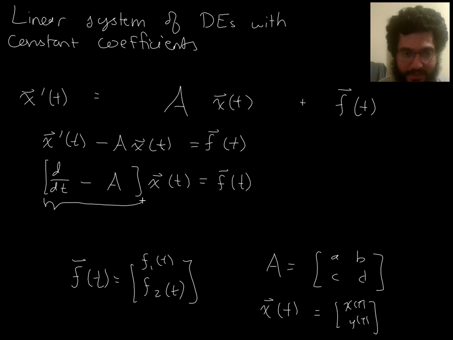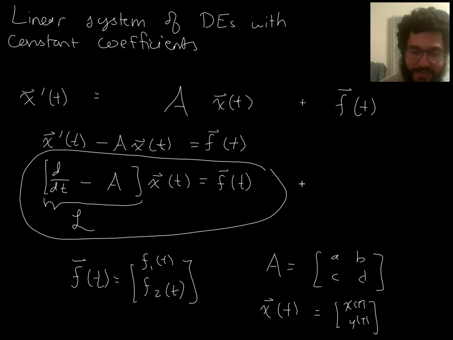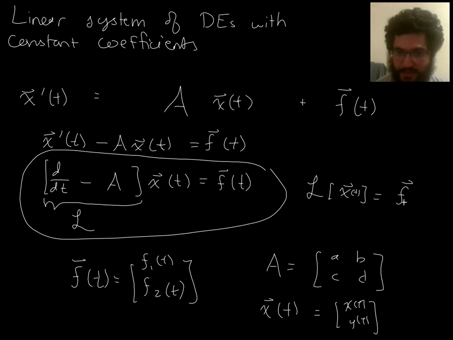So you could call this L, right? And so suddenly, the kind of differential equation we're looking at is still one of this form. It's just that the function that's going in, x of t, is now a vector of functions, and the function that you get coming out is a vector of functions.